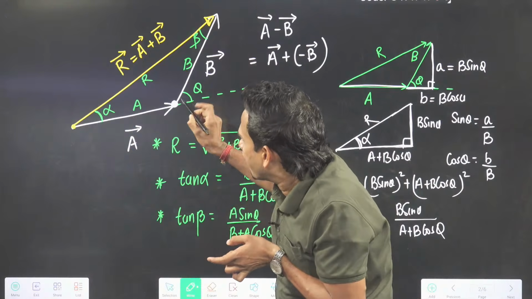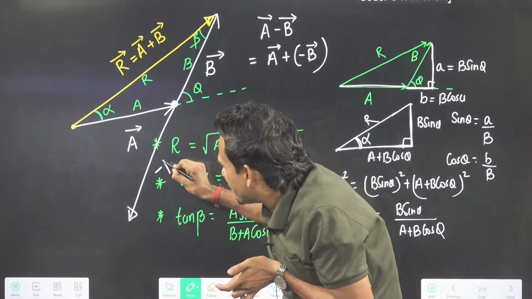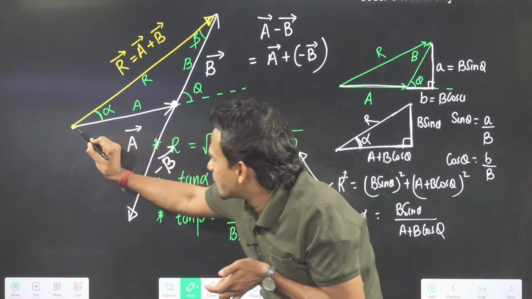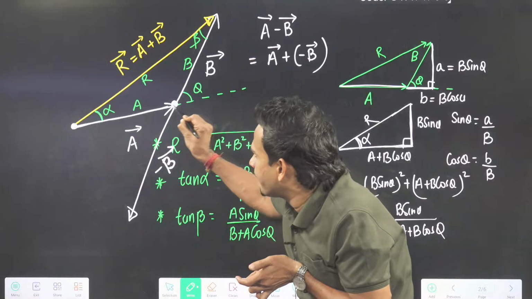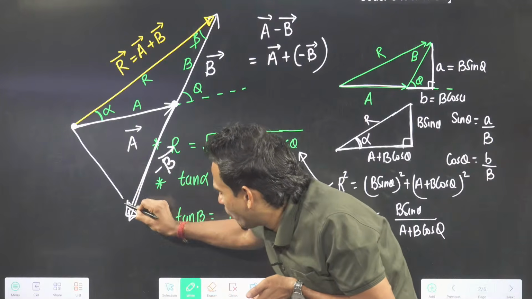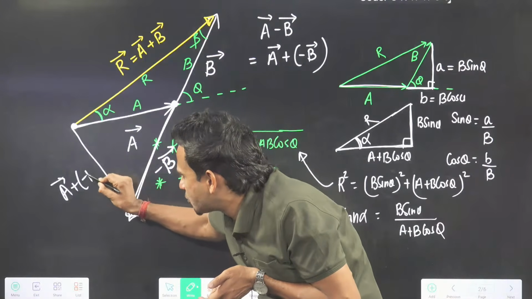If this was B bar, this will become your minus B bar. That means now you will add A bar and this minus B bar. This will be your R bar, which will be A bar plus of minus B bar.